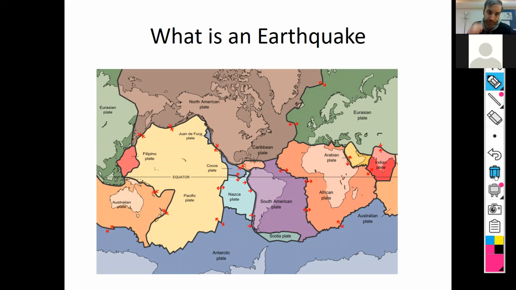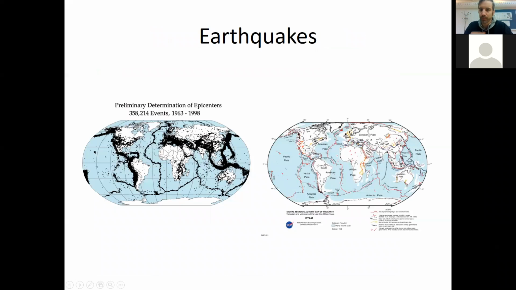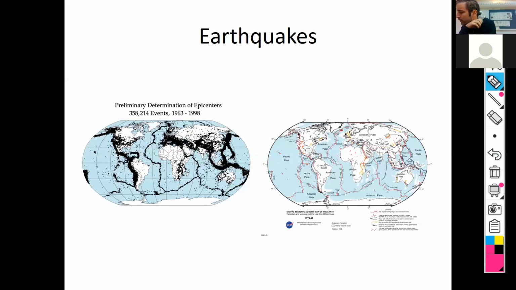If we compare this map of the plates with this other map, where on this side you can still see the plate boundaries, and on this side you can see the earthquakes that have been measured in a period of around 30 years, you can see that they are in very well-defined zones, and always, or almost always, around these plates and their movements.